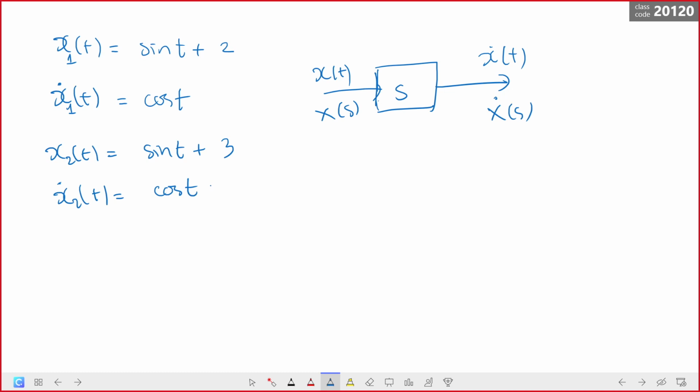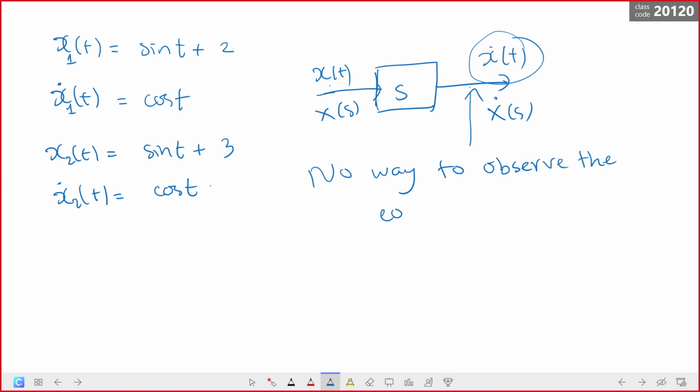Let's say for this system we can measure this part, and from this value we have no way to observe the correct input.